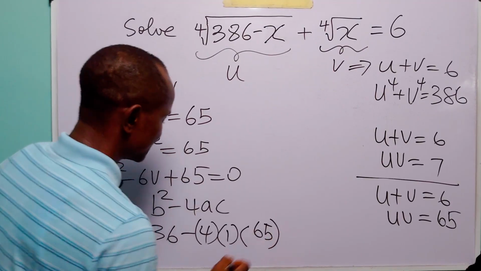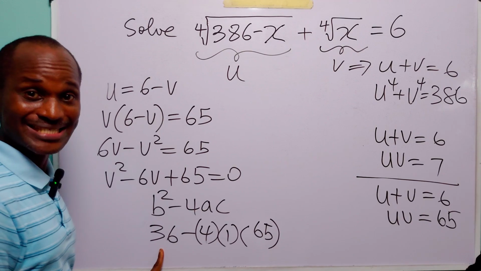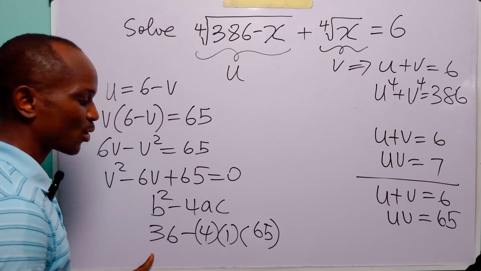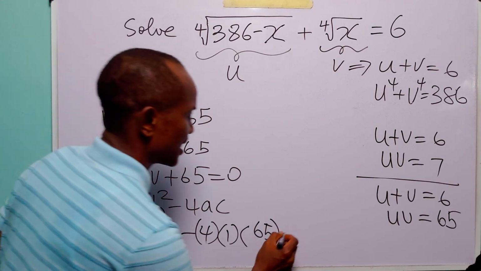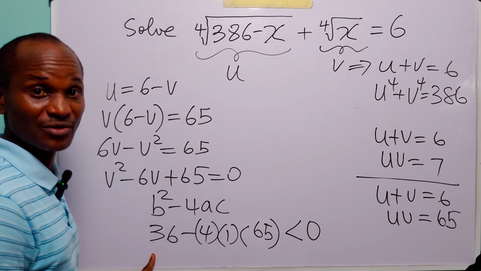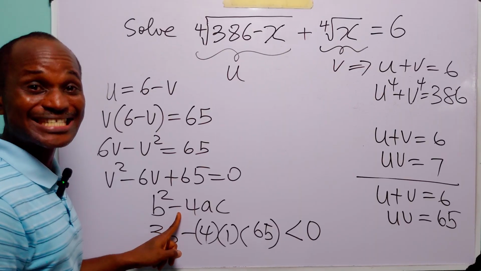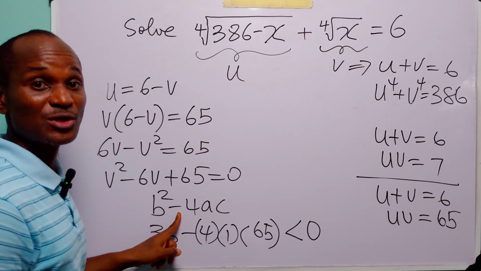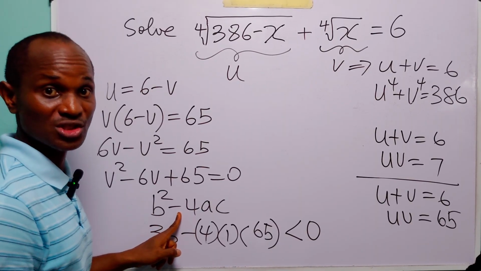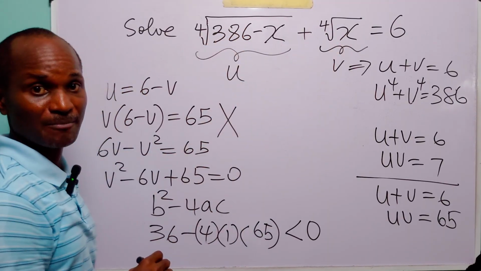Now, it is obvious that 4 times 65 is greater than 36. So this quantity is going to be less than 0. It's going to be negative. And of course, you know that when a quadratic equation has a negative discriminant, then the quadratic equation has no real roots. So we are not going to use this equation to solve this problem.